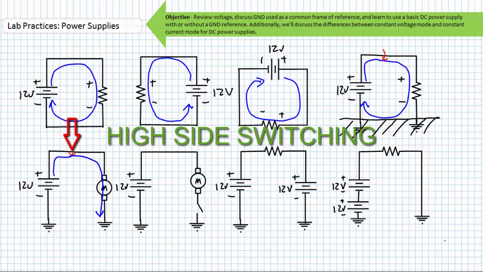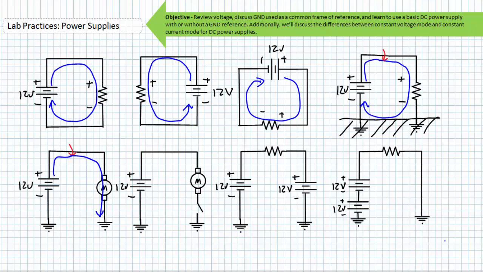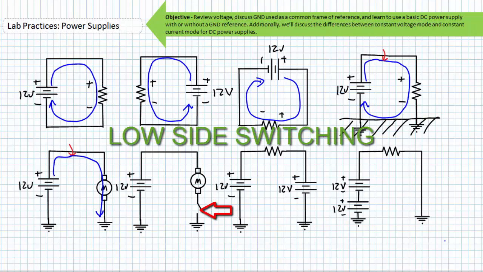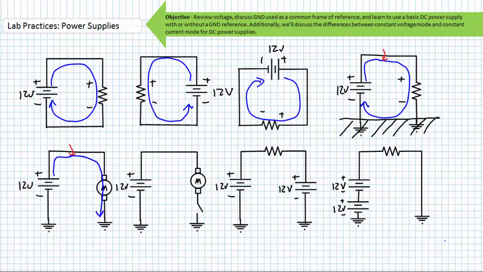This is known as a high-side switching arrangement, and the fact that the switch provides the supply voltage to the motor. Compare and contrast this to the relationship right next door. This is a low-side switching arrangement. For all intents and purposes, it does the same thing. It's a 12-volt source where the negative lead is tied to ground.